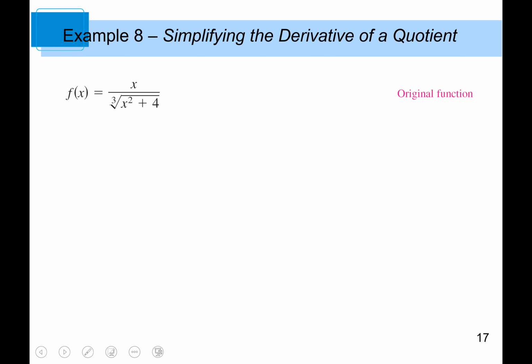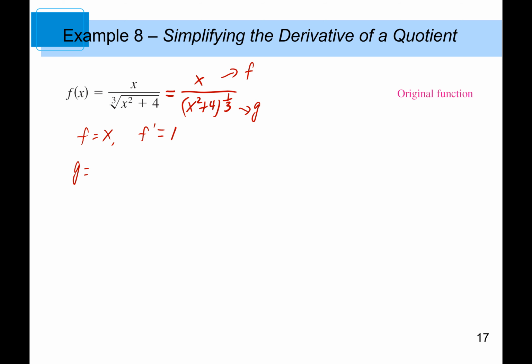Okay, so this example simplifies the derivative of a quotient, right? First of all, again, no radicals, so we have to turn it into exponents. This is f, that's going to be g. So f is x, and f prime, the derivative of x, becomes 1. g is equal to x squared plus 4 to the 1/3.